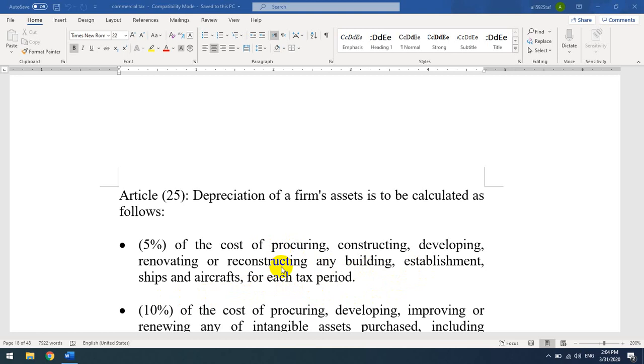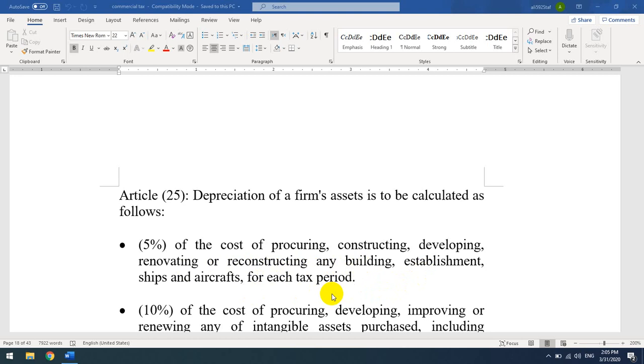Any processes related to developing, constructing, renovating or reconstructing any building and establishment during the tax period: this is the first category of fixed asset.